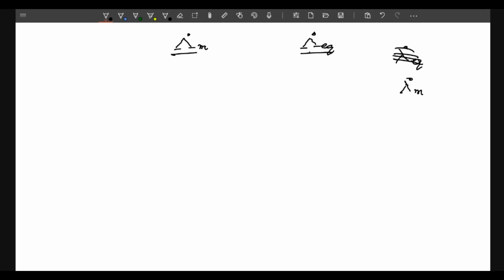Then we will go for the equivalent conductance. If equivalent conductance is given, how to convert it into molar, we will see this. First, we will take sulfuric acid.